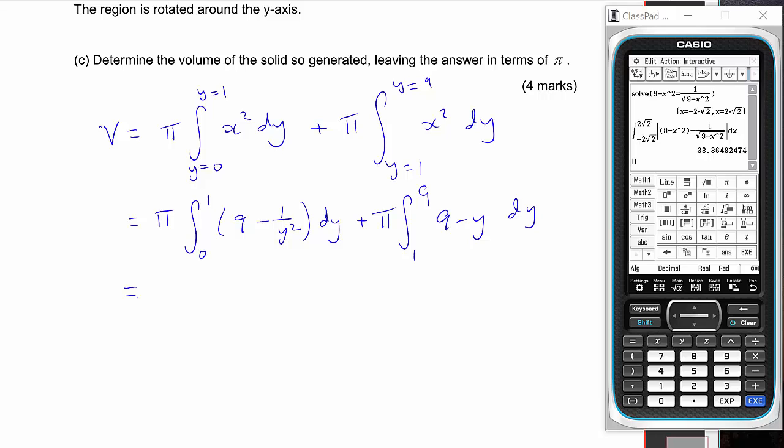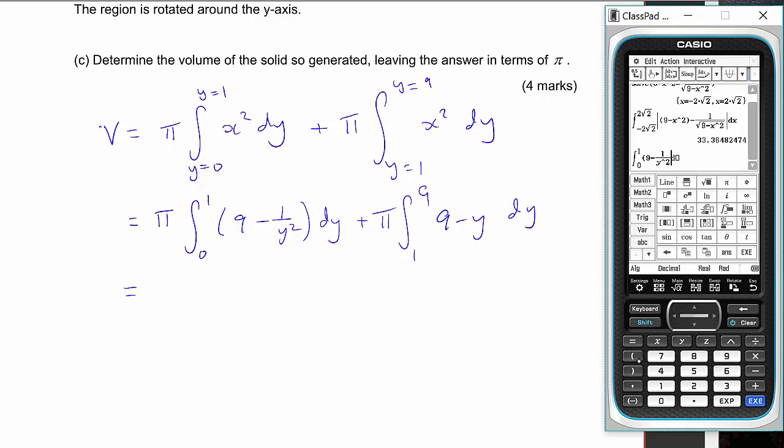So let's have a look at that. The first one is going to be the integral from 0 up to 1 of 9 take away 1 over y squared.